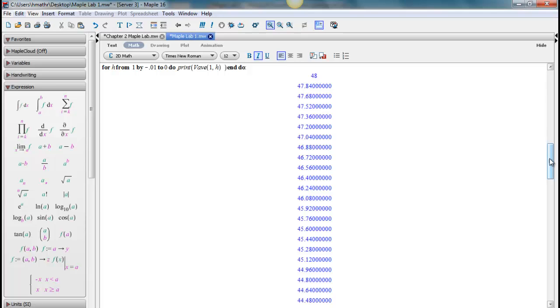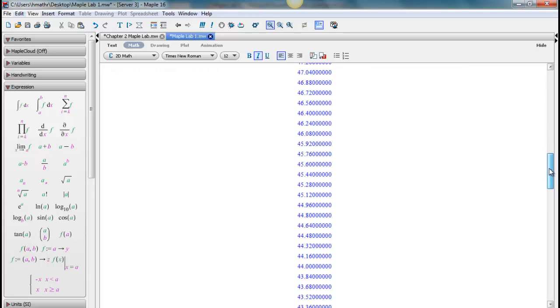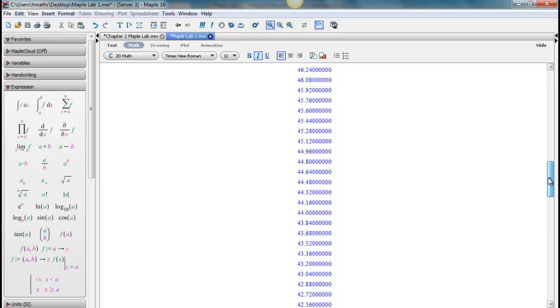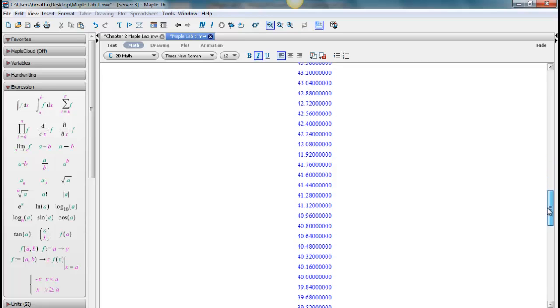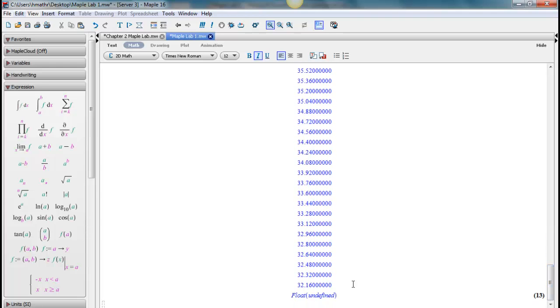Now notice that we start with 48, and as h gets closer to 0, the numbers are getting smaller and smaller, but at some point you start to recognize that as h goes to 0, your average velocity is going to 32.16.